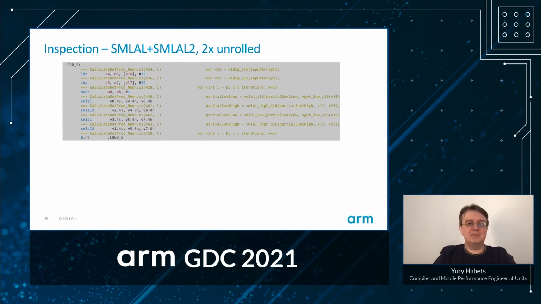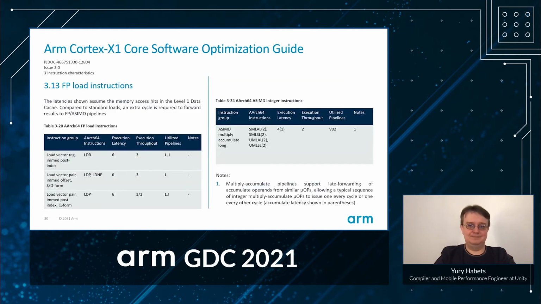Next variant is similar to the previous smlal2, but it is 2 wide unrolled. First change is that it is using LDP load instructions, which load 2 Q registers at the same time from consecutive memory addresses. Secondly, it uses 4 calculation instructions per iteration, allowing, once again, for 16 elements processed with a single loop iteration. Let's check the manual once again.